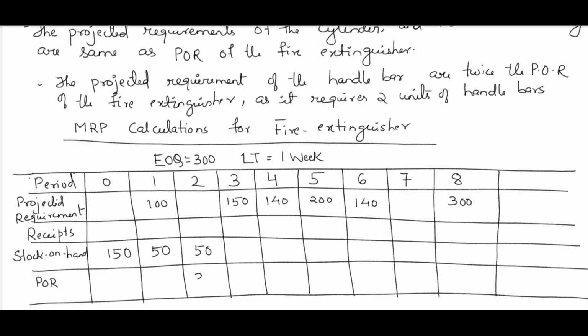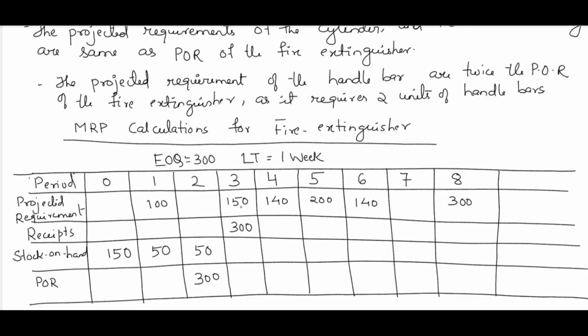So we will be ordering 300 numbers, so that we will be receiving 300 quantities of fire extinguisher in the third week. Now we already have stock on hand of 50, and we got a receipt of 300 items. So now we have 50 plus 300, 350 units of fire extinguisher.